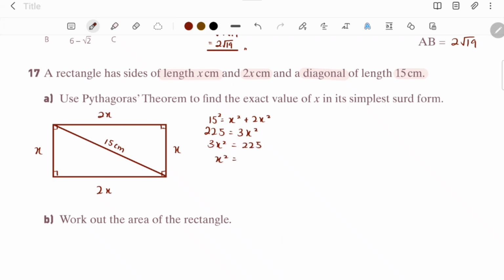X squared equals this one. We move to the other side. So this one 225 over 3. And then to remove the square side, we have to square root both sides. So square root of 225 over 3.